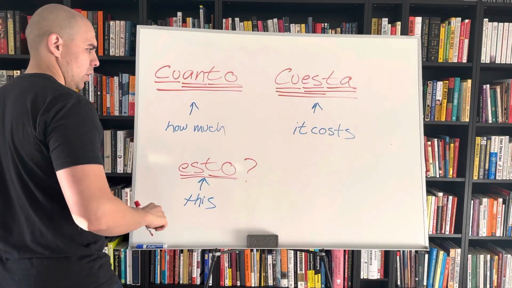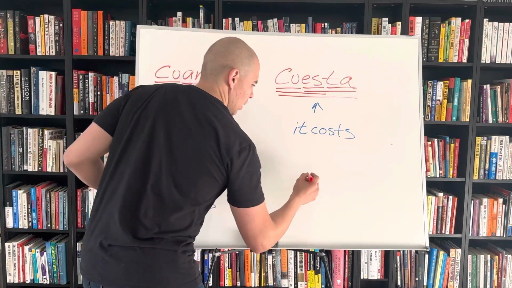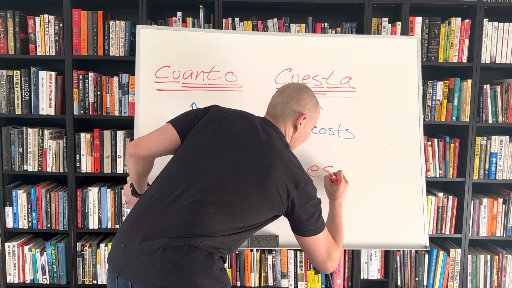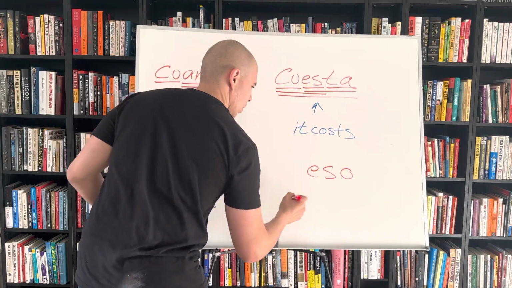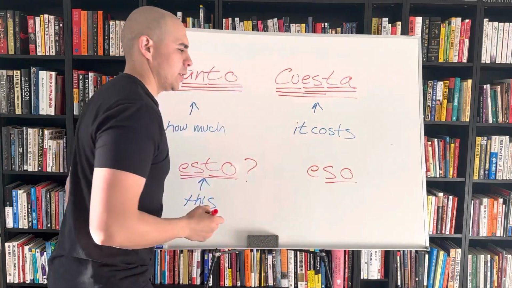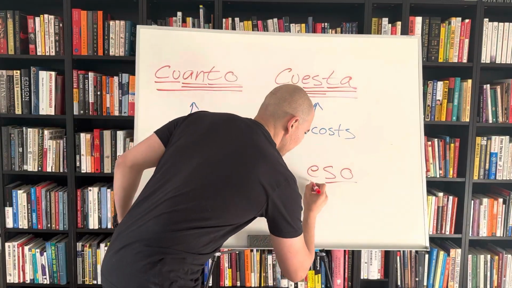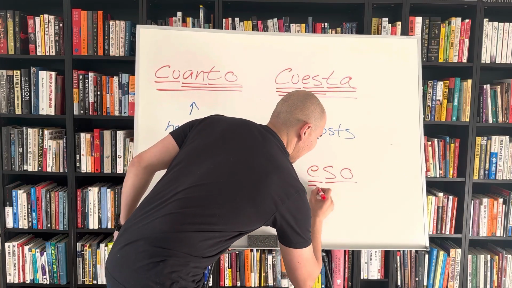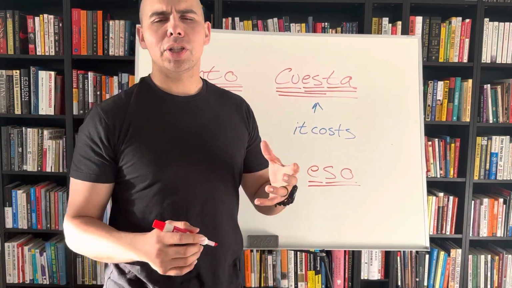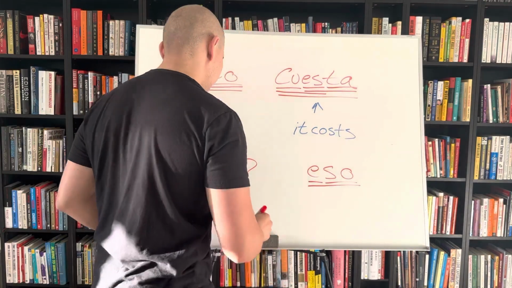Very good. Now let's take on another word. Eso. So. Nice and open on that O sound. Add the E sound. Eso.